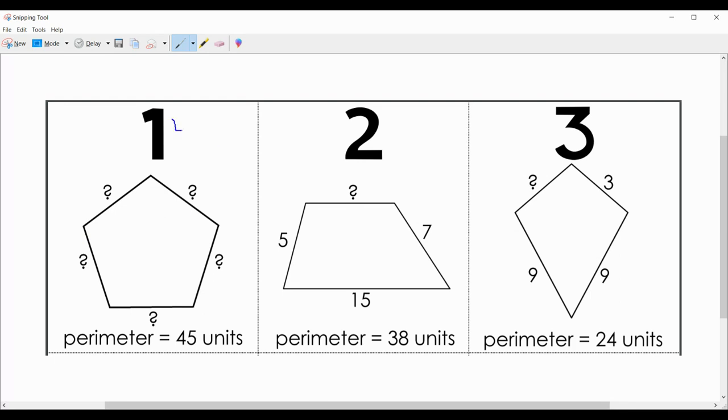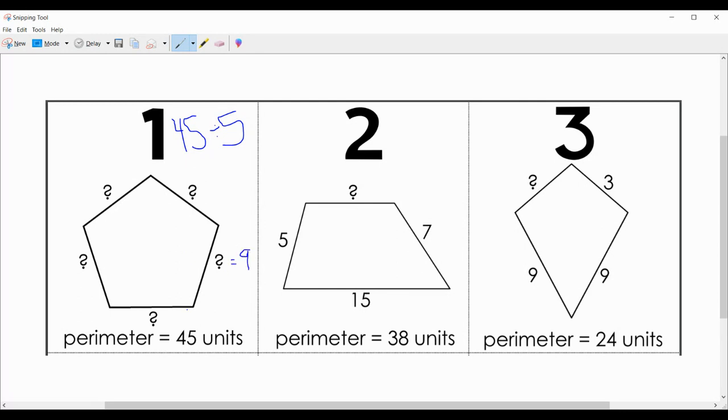So what would be 45? It's 45 divided by 5 sides. You're right. So that would mean one of these has to equal 9.